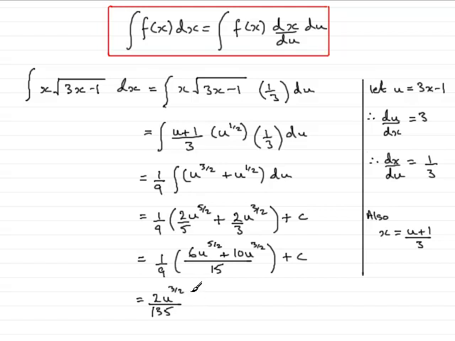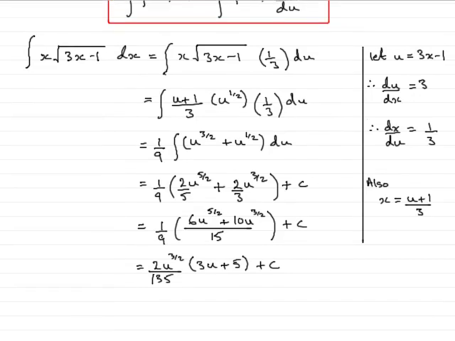And then I've got simply, to make 6u to the 5 over 2, I need another 3u. And then for 2u to the 3 over 2 to make this term here, 10u to the 3 over 2, I just simply need 5. Okay? And then plus c. I always find it's better to simplify at this stage rather than put my u back in as 3x minus 1. Less work to do.